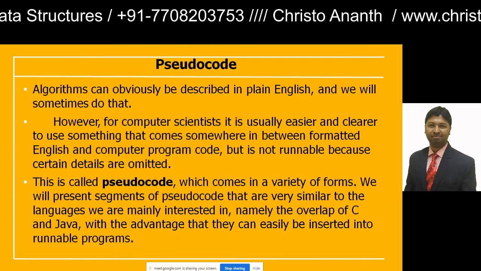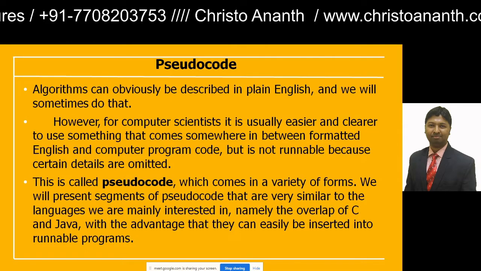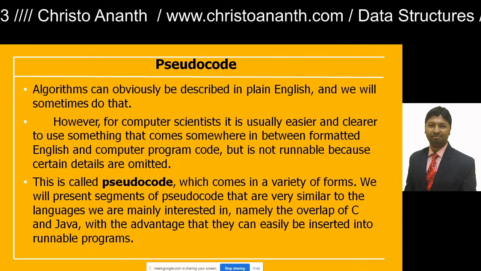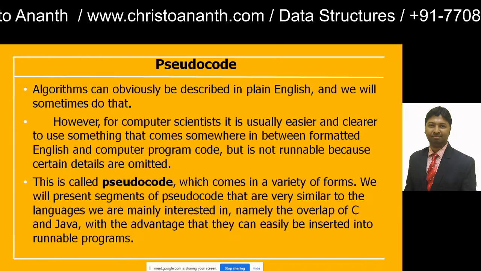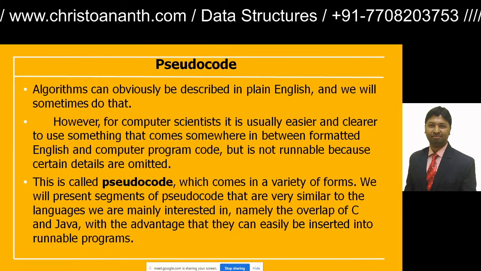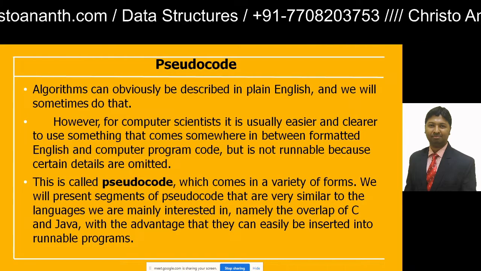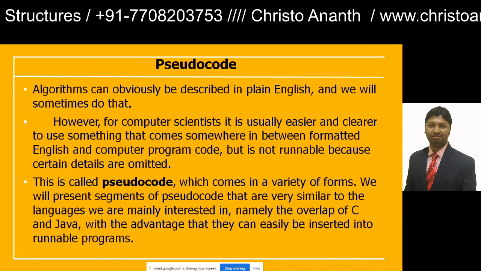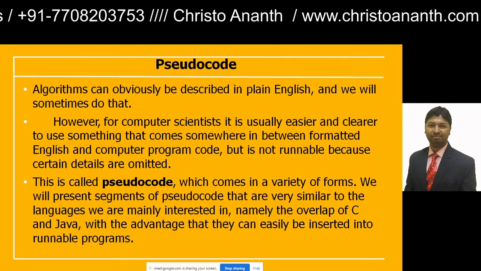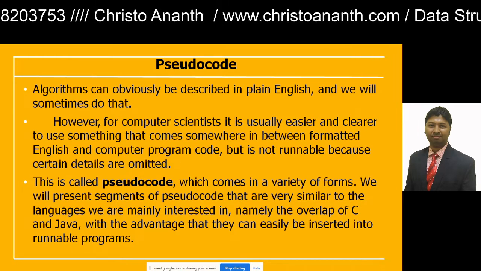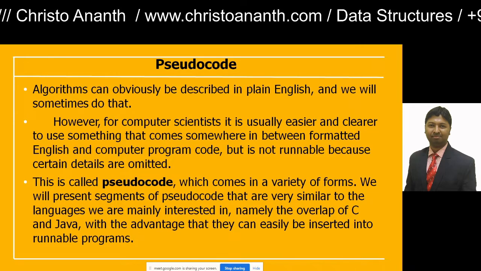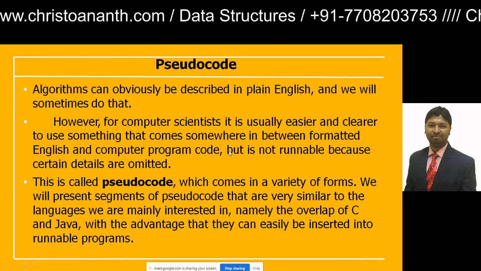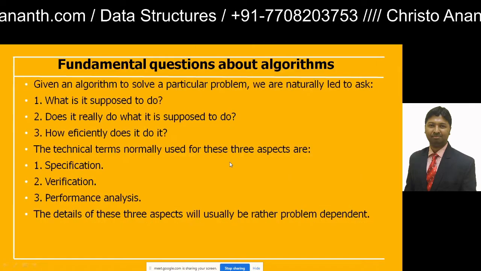We tend to take different forms out of the pseudocode, maybe in the case of C language or Java language. You tend to write it in program codes as well and execute it, but when you understand the logic of the program, it should be written somewhere between the human readable form as well as the computer understandable form.